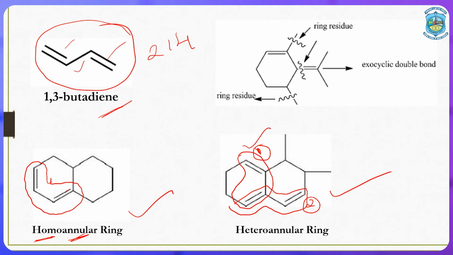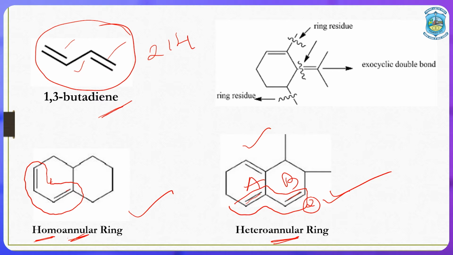This one looks like homoannular, and the second is where we are trying to identify the conjugation in the molecule. It is obtained in two different units by taking the two rings A and B together. Such a condition in which the base value is identified by taking the two rings together is termed a heteroannular ring structure.